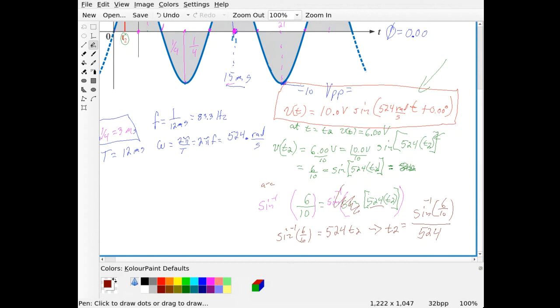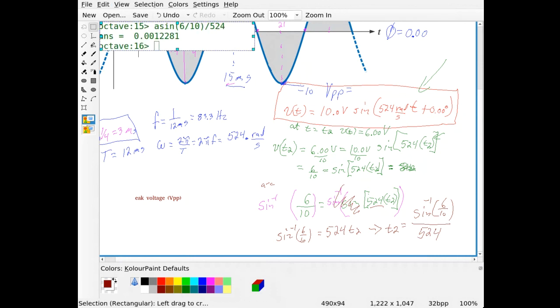Let me copy and paste this over here. Oops. Okay, so when I punched it into Octave, I lost it.